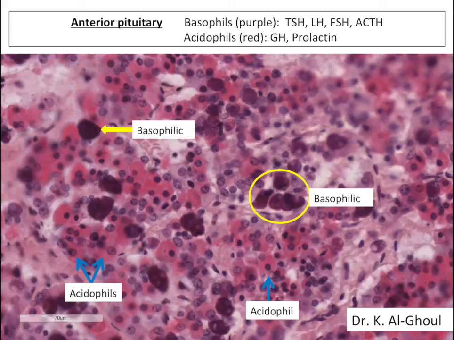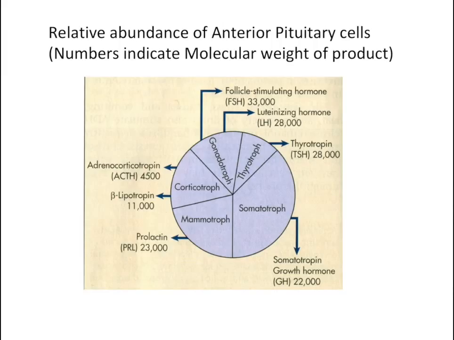This is a histology slide from Dr. Al Ghul looking at the anterior pituitary. There are two basic types of cells, basophils that will release TSH and ACTH, and then acidophils that release growth hormone and prolactin.